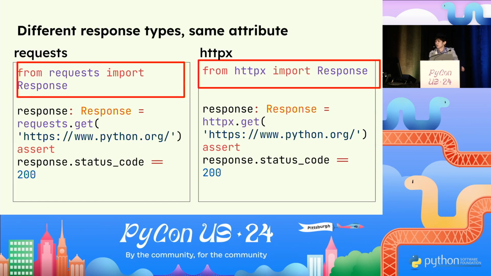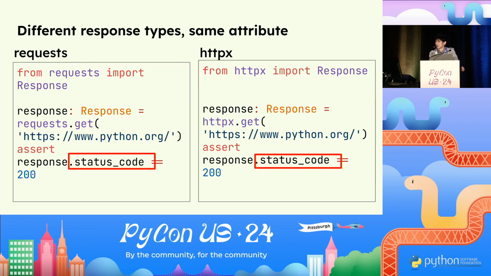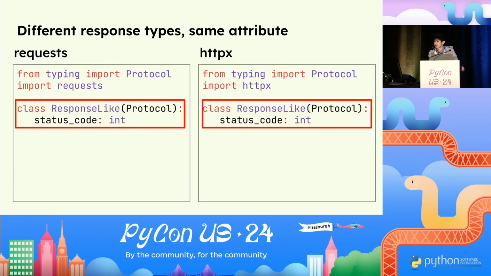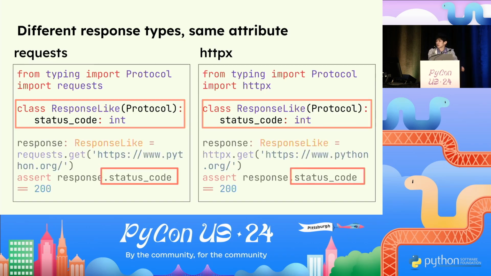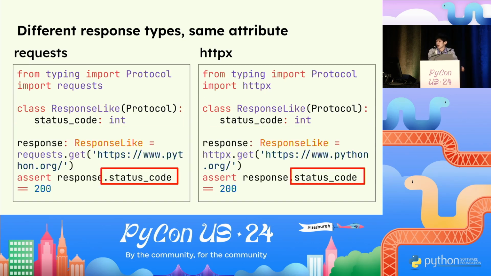This response object is not the same, as it is imported from another place, but the response has the same attribute, status code. Now we define this response-like object. I put the same response-like type as a type hint. It looks good. Then mypy and pyright pass.